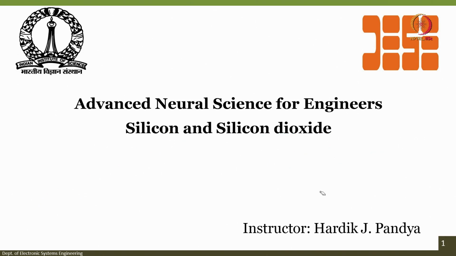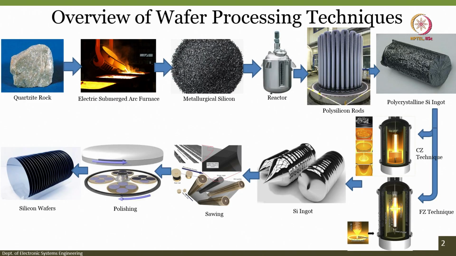Just now let us focus only on silicon, but the question is from where we can have silicon. How can we get the silicon wafers? There are two different techniques, one is called the CZ or Czochralski technique, and the second is called the float zone (FZ) technique.